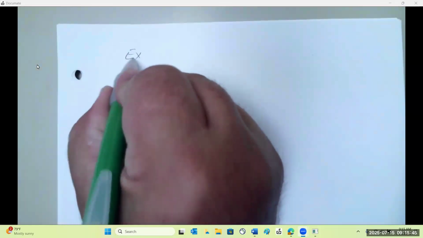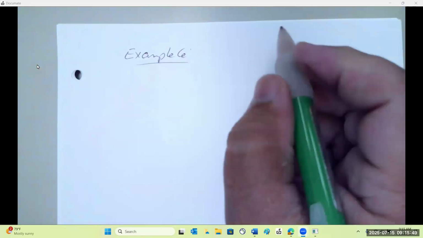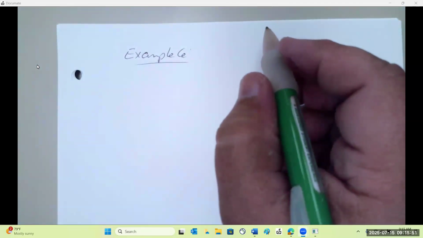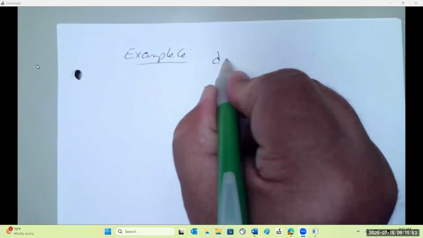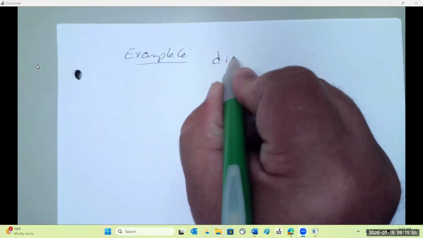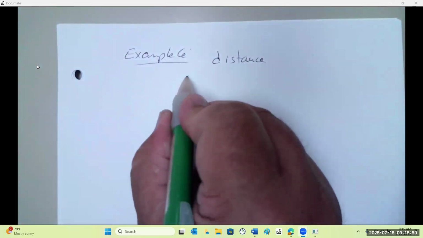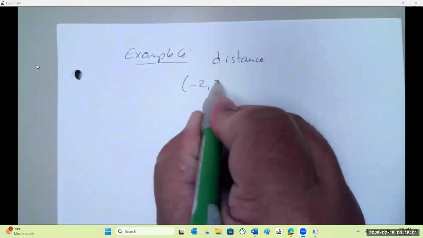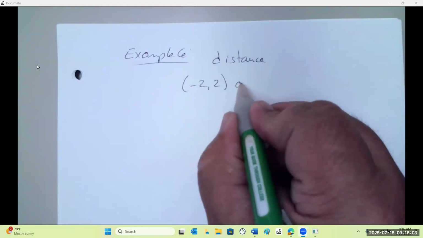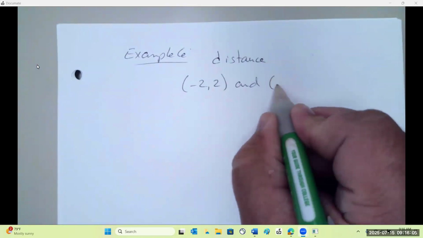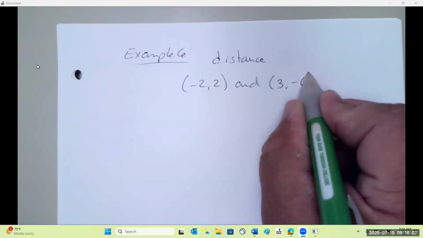Okay, let's look at some more examples of what we've been doing. Example 6. Find the distance between (-2, 2) and (3, -6).